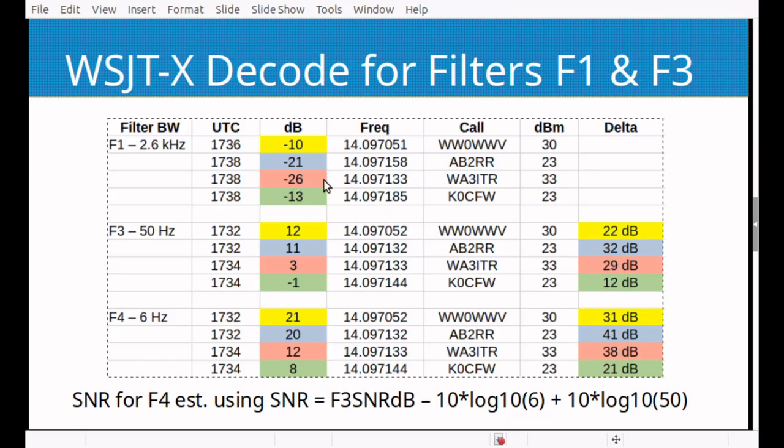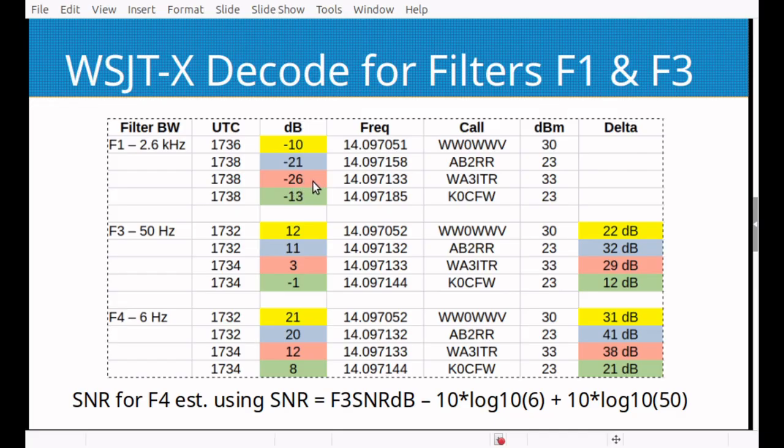Now when I was getting the motivation for this on eHAM, I was listening to two operators that were having an exchange, and one of them said, I got a signal at minus 28 dBm, and the other one was saying, you know, when the computers get fast enough and powerful enough, and we get really good digital modes, we'll be able to detect signals at minus 36 or minus 40 dBm. We'll be able to detect those and decode those.